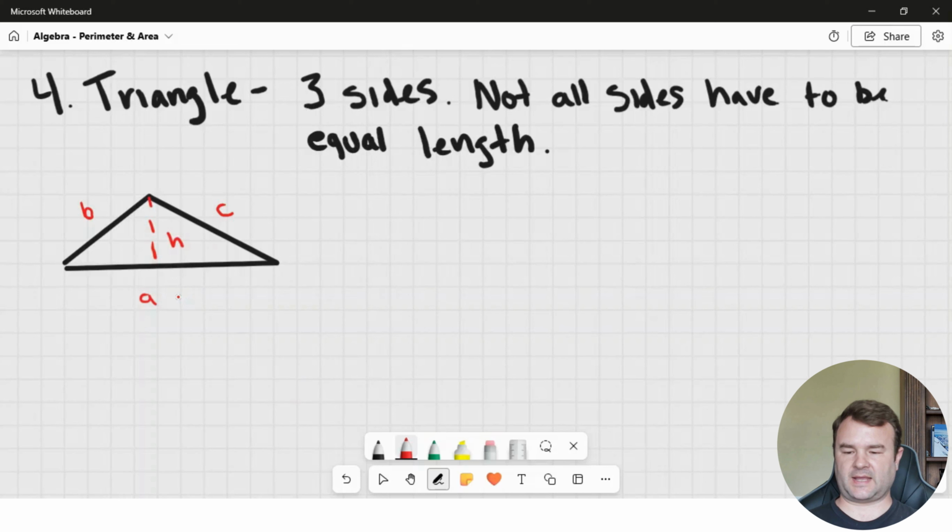Side A, we're going to say has length 8. Side C has length 5, and side B is length 3. And we're going to say that the height is 3.